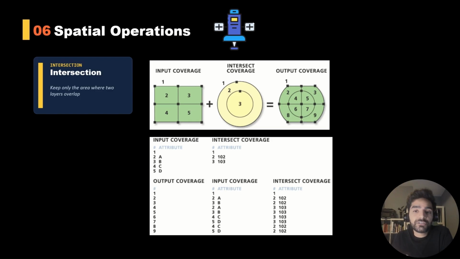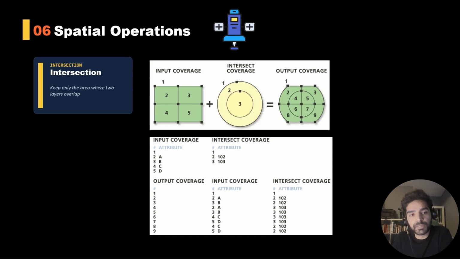If we intersect land use polygons with a transit service area, we can calculate what types of land use are accessible by transit. So intersection is not just a visual overlay, it creates a new data set that represents the common geometry between layers.